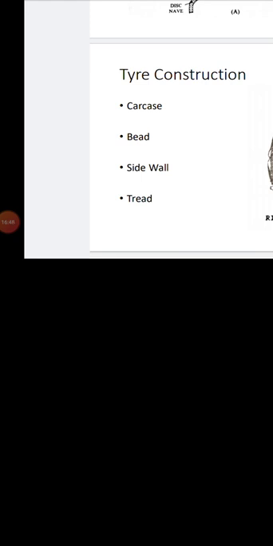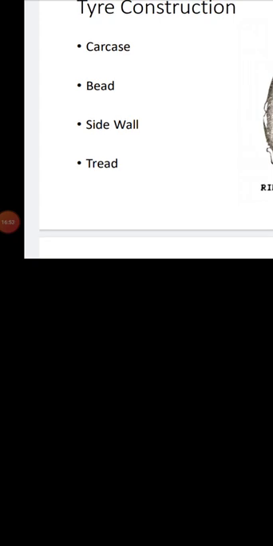Now coming to the next point, that is bead. It forms the inner edges of the tire and locates and centralizes the cover to the wheel rim, and it is very rigid.